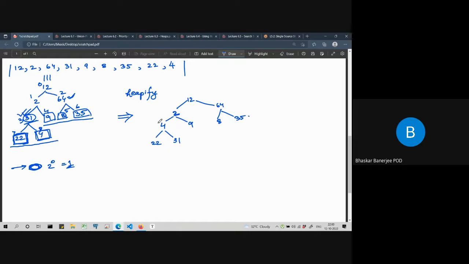The first non-leaf node, which was this one, and we made the swaps. So 22, 31, 4. I applied heapify on this node and made the heapify work, right?